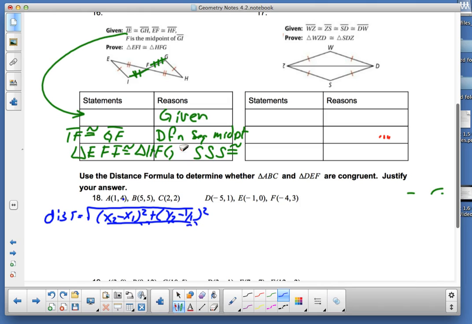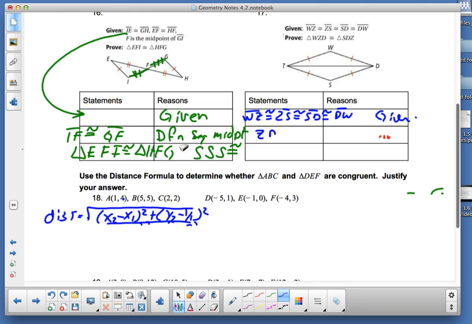Questions, comments, remarks about the proof itself, clarifications at all? Now, this next one is pretty straight up. I've got WZ congruent to ZS, which is congruent to SD, which is congruent to DW, and that's given.